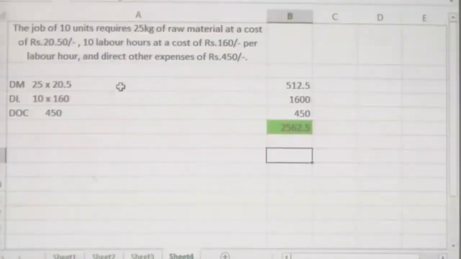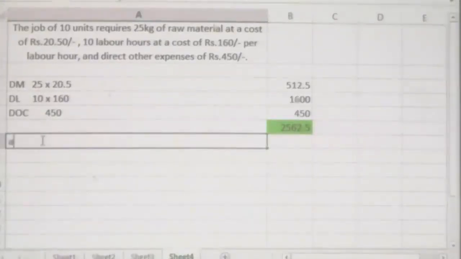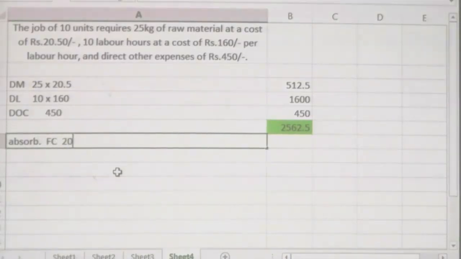If we take that here, let's take absorbed fixed cost. Absorbed fixed cost will be 20 rupees into 10 units, because your job consists of only 10 units.